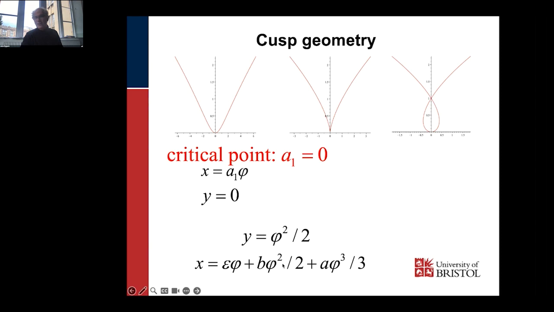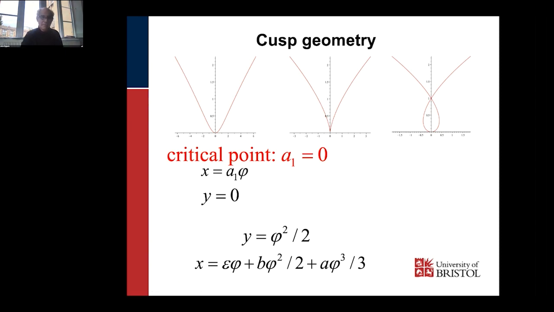And now I have to, just as I did for the fold, take into account powers of higher order in phi. Why do I not stop at phi squared? Well, I'm not stopping at phi squared because for epsilon equals 0, because y also goes like phi squared, this would simply be a straight line. So I have to, in fact, continue to the third order in phi.